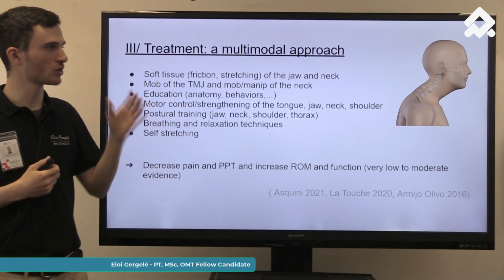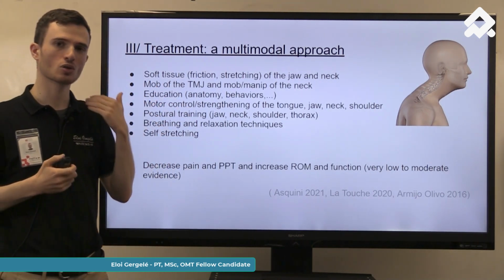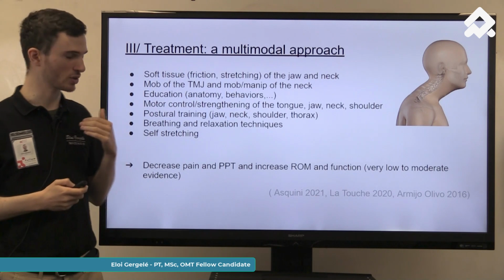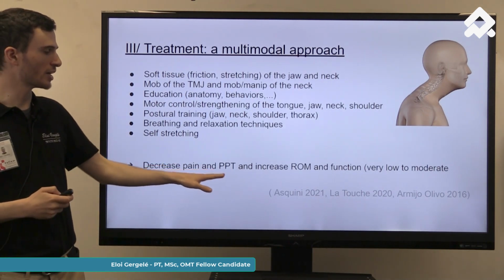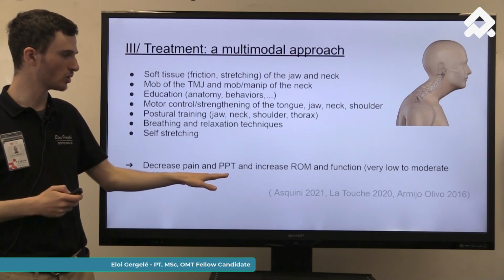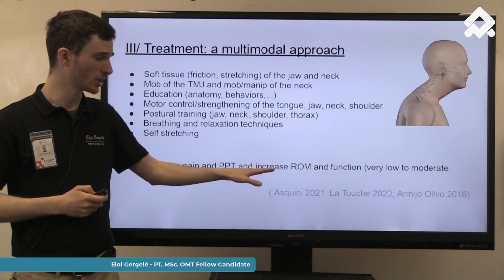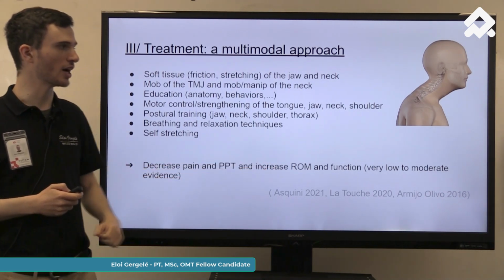So evidence for the jaw treatment, but also on the neck treatment. We have evidence to decrease pain, increase the pain pressure threshold, and increase range of motion and function.